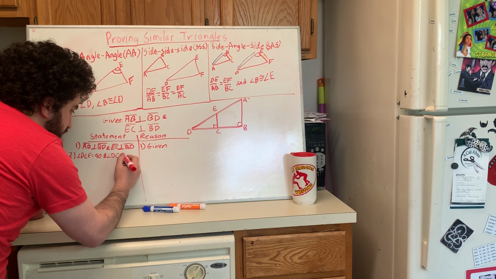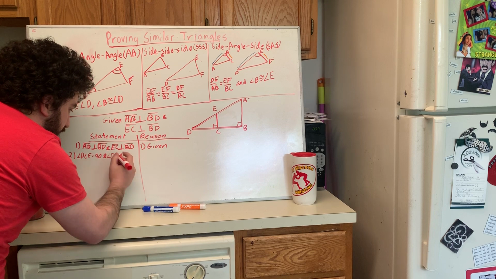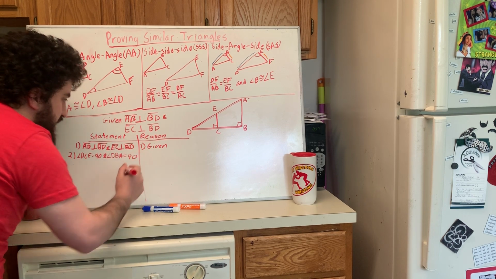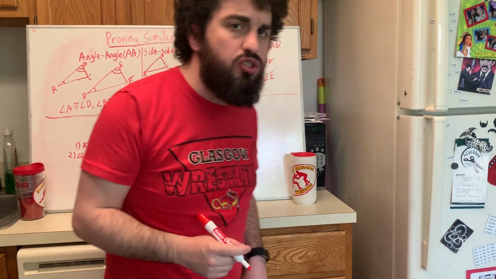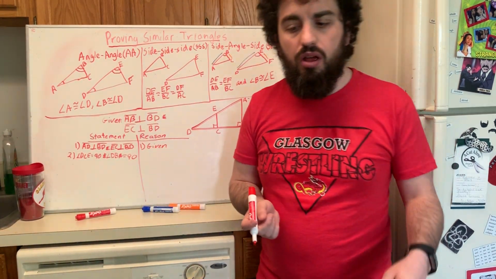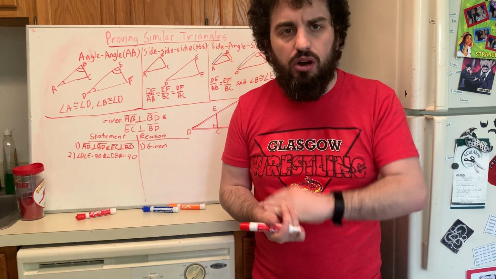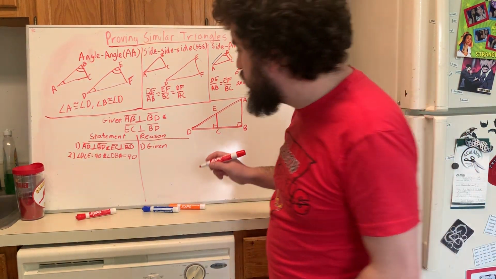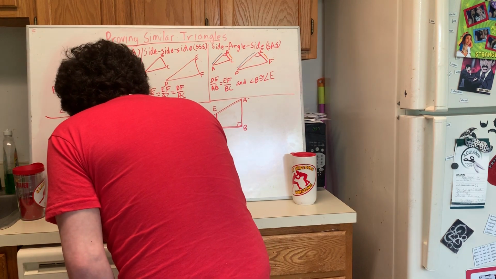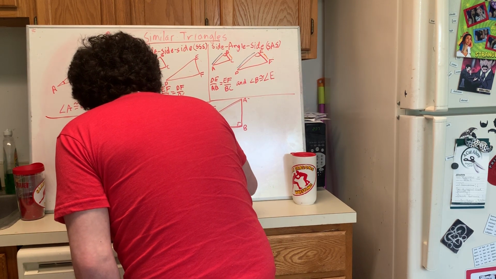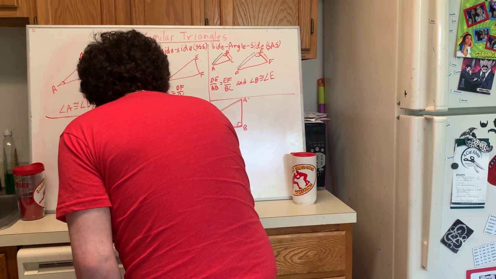And I'm allowed to say that because I was already told that things are perpendicular. And by the very definition of things being perpendicular, that means they're 90 degrees. So my reason here is the definition of perpendicular.